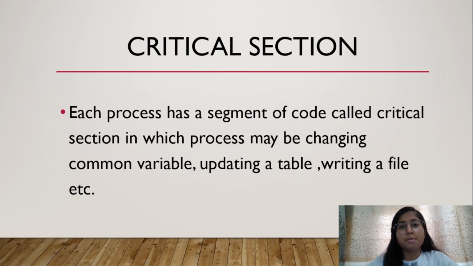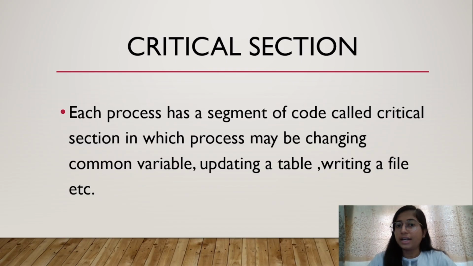Before moving on to the critical section problem, let's see one point: each process has a segment of code. That means every process has its own critical section, its own instructions or tasks that it wants to perform. When one process is executing in its critical section, no other process can execute in its critical section.